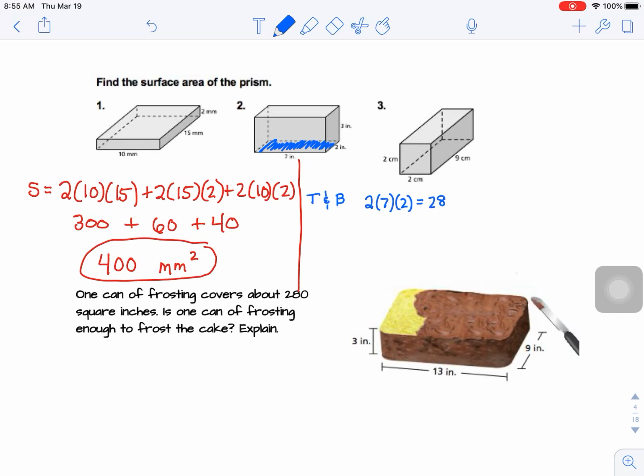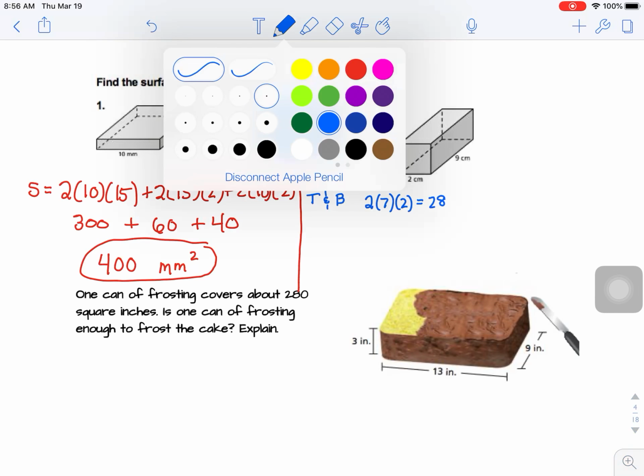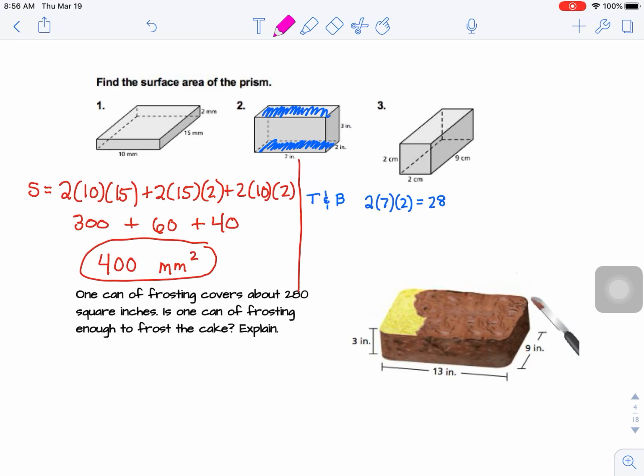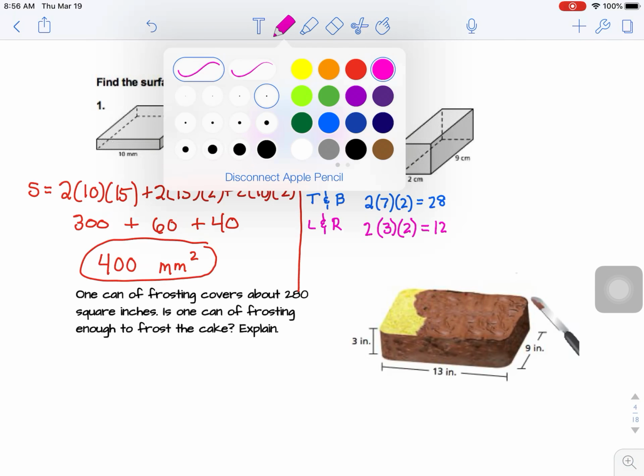So we did those pieces. Now let's switch to these side pieces that are in pink. I'll call those left and right. There's 2 of them, and here it's 3 times 2, which would give me a total of 12.